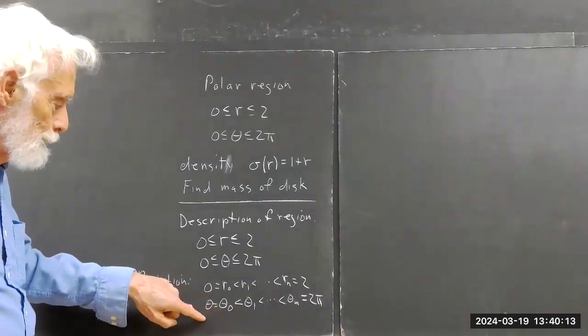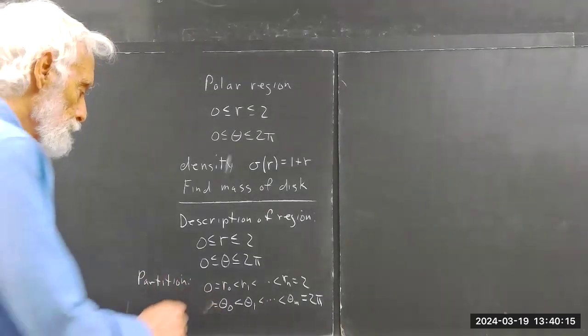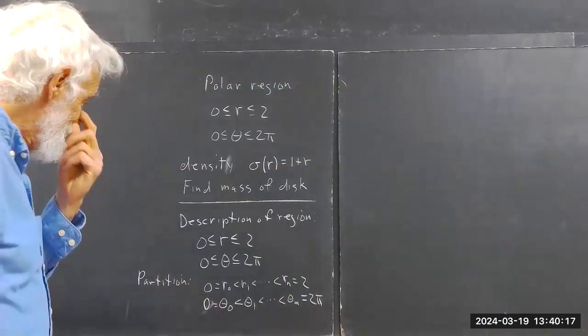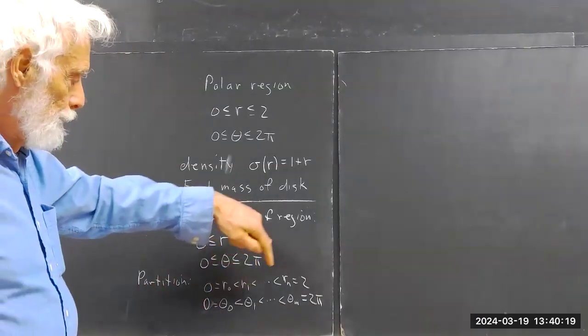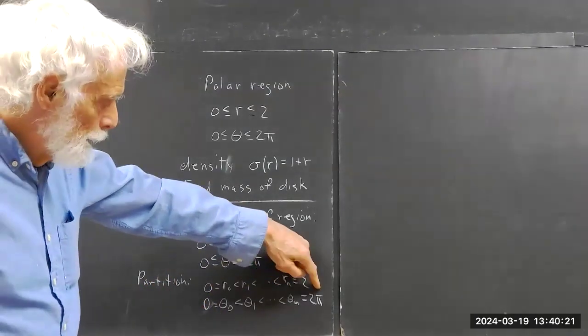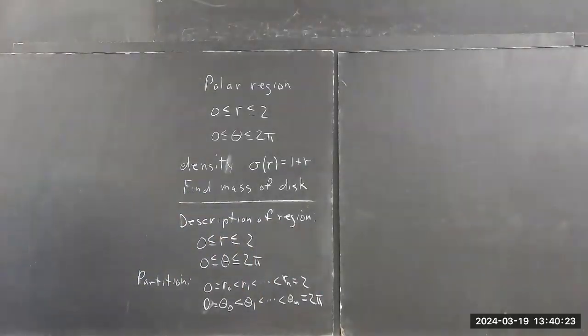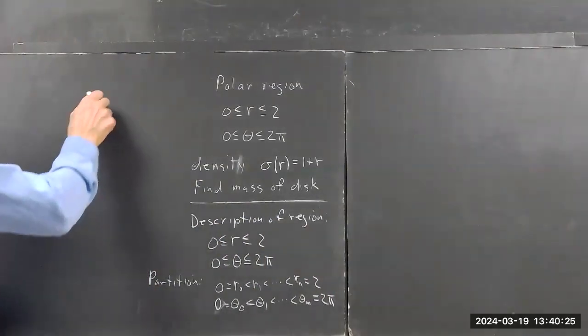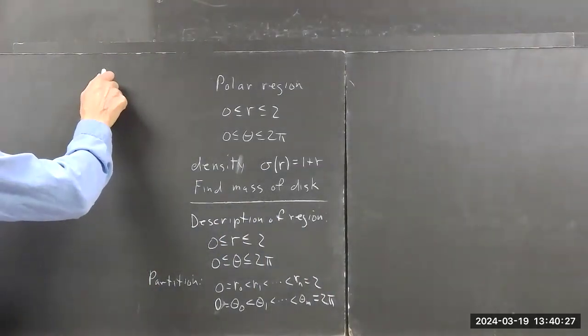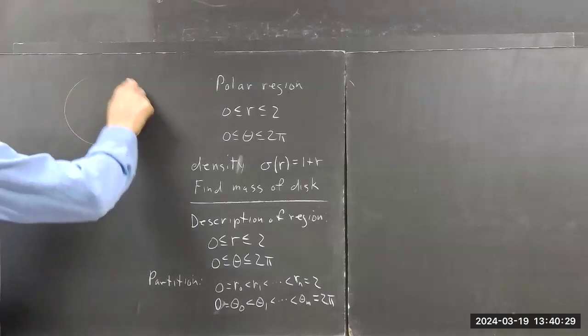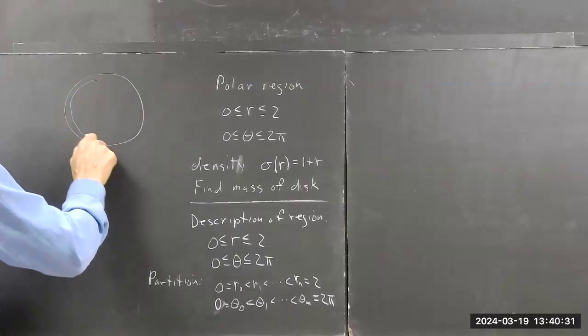Theta naught equals 0, and that's less than theta 1 up to theta sub m, which is 2 pi. A picture, very simple. Not that easy to draw.